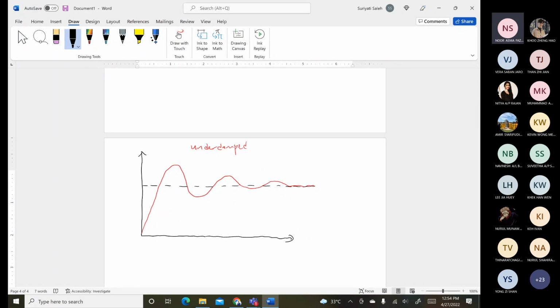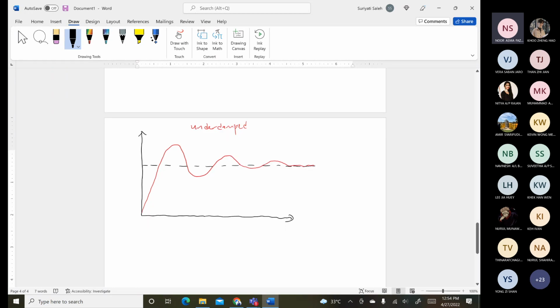The only problem here is that it oscillates up and down, which is sometimes undesirable. So for the second order, there are some characteristics that we need to consider. You can refer more to chapter 4.4, page 69 of the third edition textbook.